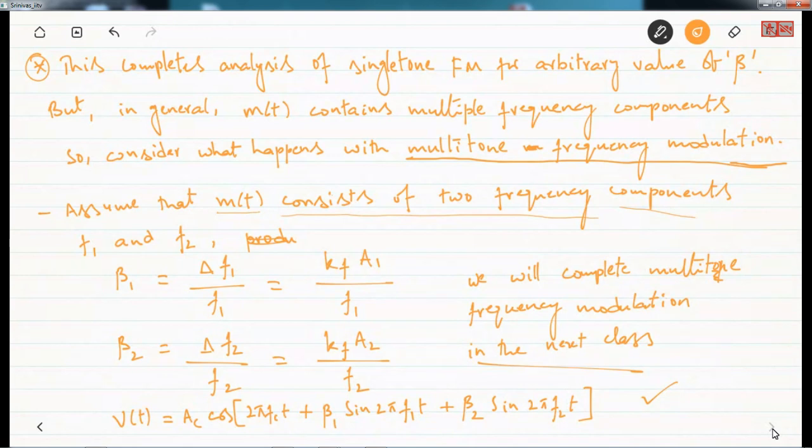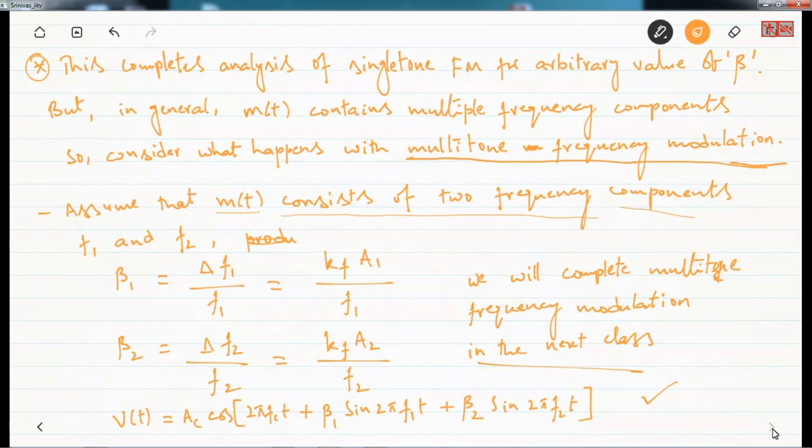So our signal will be v of t equals Ac cos 2 pi fc t plus beta 1 sin 2 pi f1 t plus beta 2 sin 2 pi f2 t. The first term corresponds to the first modulating frequency, one of the components of m of t, and the second corresponds to the second component of m of t.